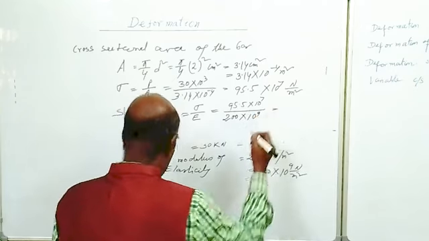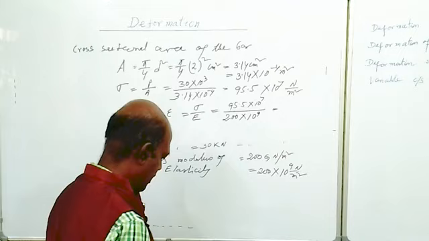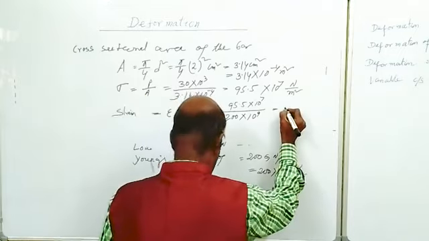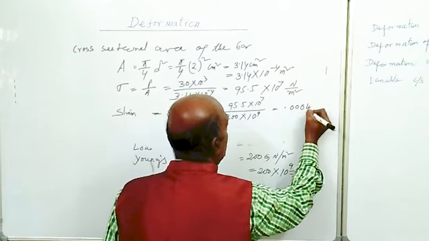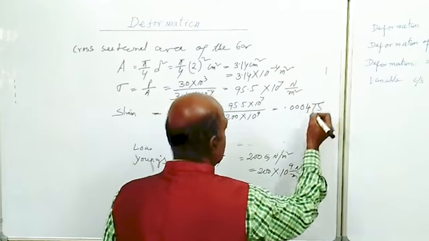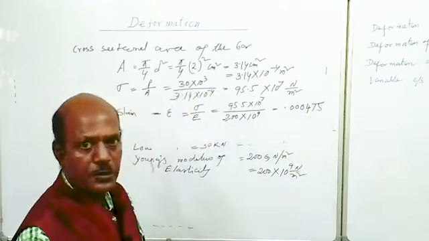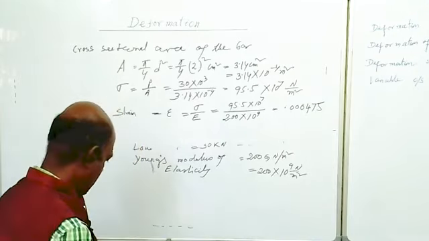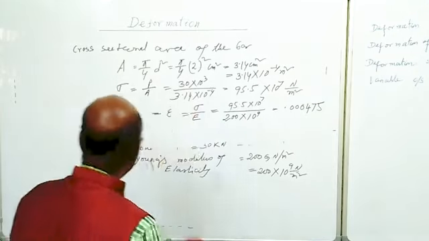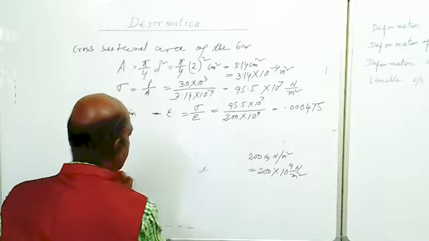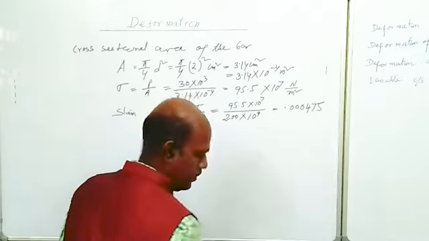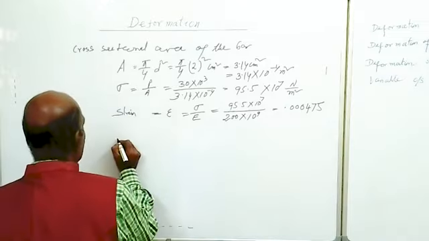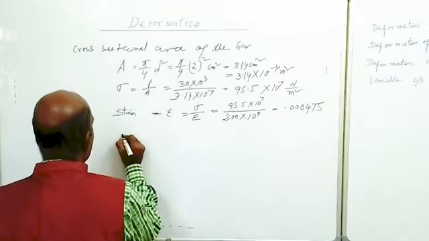This will be the strain developed in the bar, and it is coming 0.000475. Strain has no unit, so we will not write the unit. Now next we are going to find the last part of the question, that is the deformation produced in the bar.